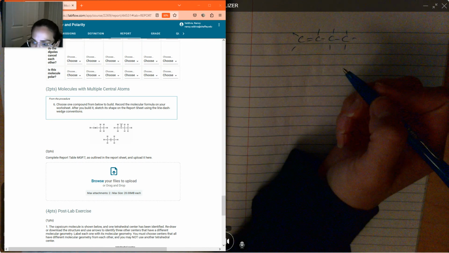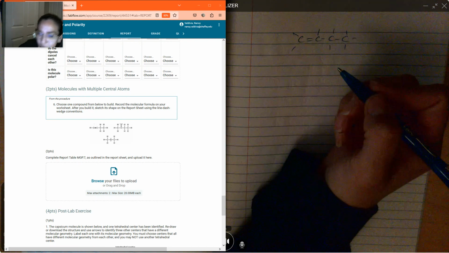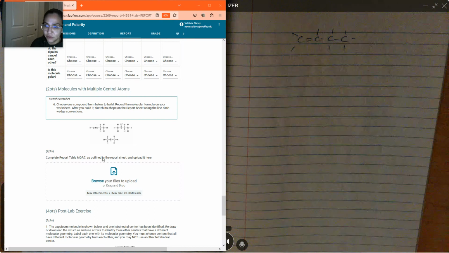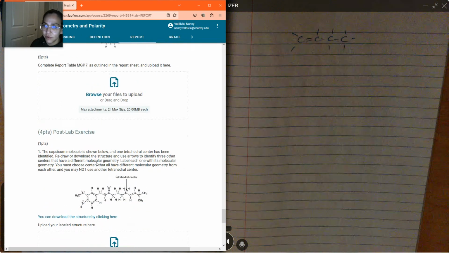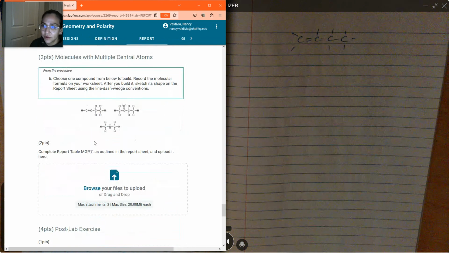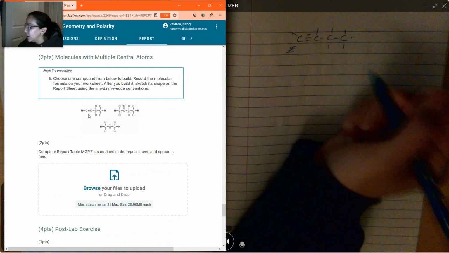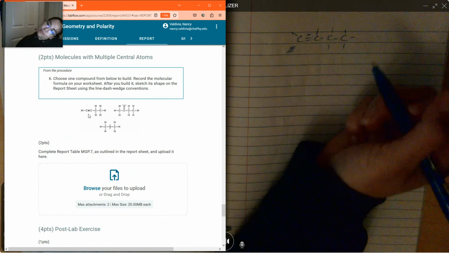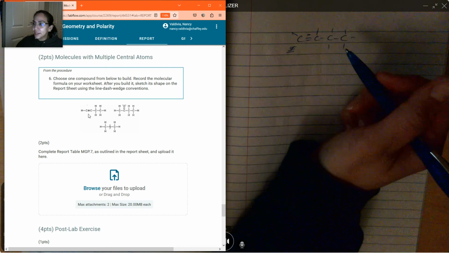Or is that a triple bond? That might be a triple bond. Actually, can't tell. Let me zoom in. Okay, yeah, it's a triple bond. That is hard to see. So it's a triple bond, which means there's only one hydrogen. Okay, so now that we have our molecule, it wants us to build it.